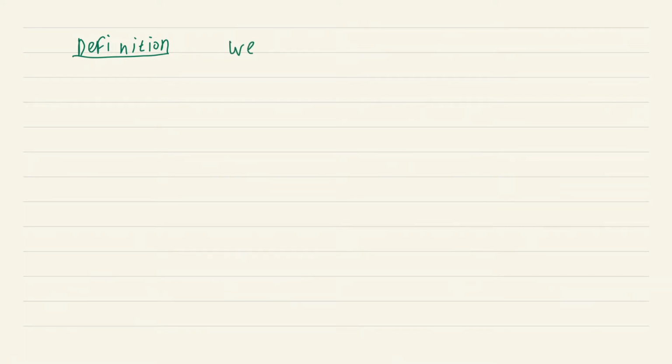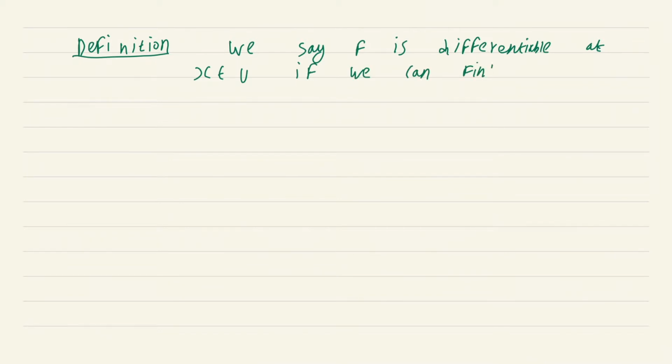We say f is differentiable at the point x in U, if we can find a linear functional L from Rn to R. Linear functional is just another specific term for a linear transformation, but taking values in the base field, which happens to be R.